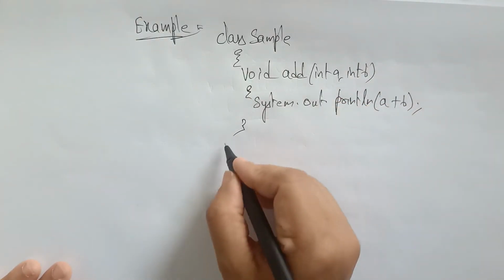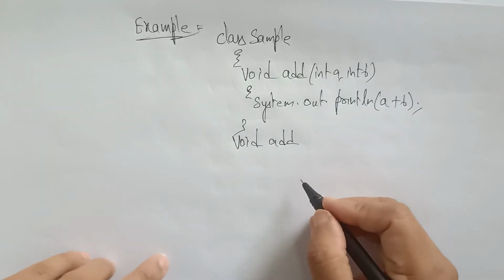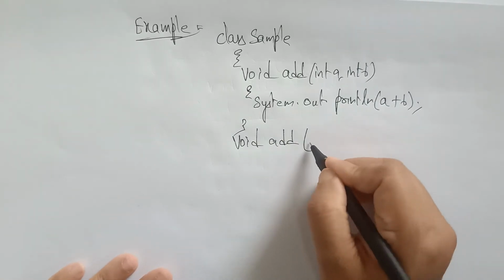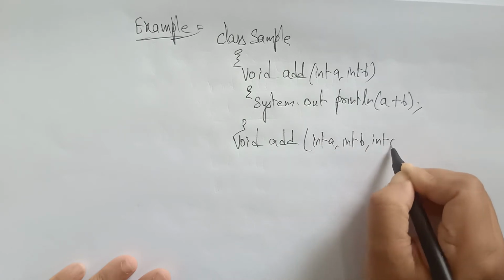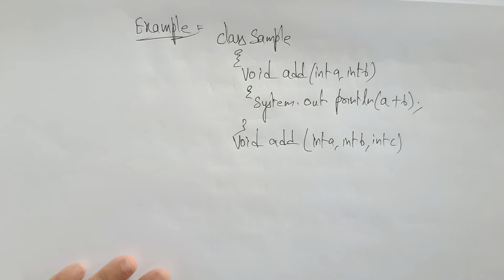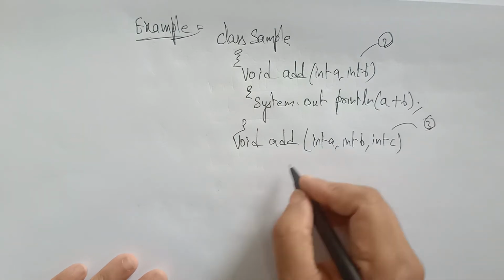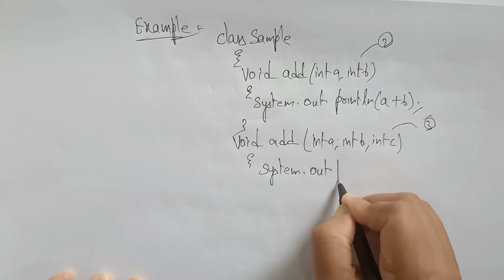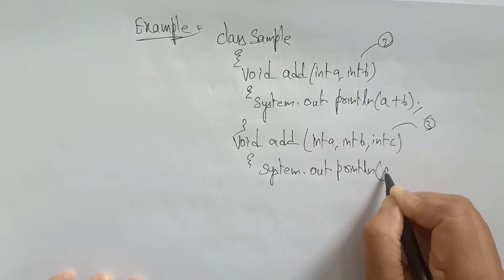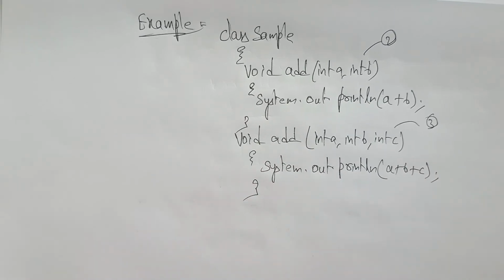Then I am writing another method with the same name: void add int a comma int b comma int c. A method with the same name but a different number of arguments. Here 2 arguments are there, here I am using 3 arguments. System.out.println, I am adding the 3 values, and that value is going to be printed. Up to here it is clear.